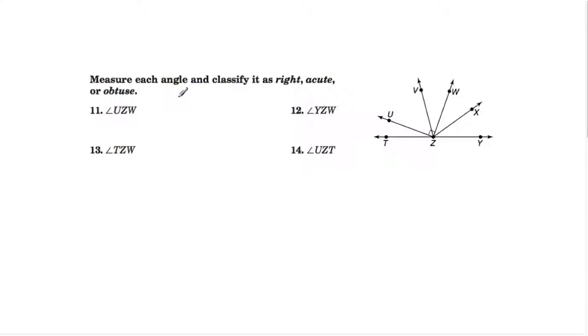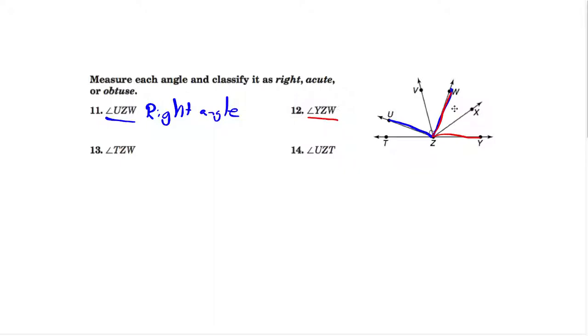All right, this is a good question to really test that you know the angles. So UZW, really it's helpful if you just trace these. So UZW is there. We can see that has that little box, that means that that is a right angle. For the next one, YZW, it doesn't have the box, so it's not a right angle.